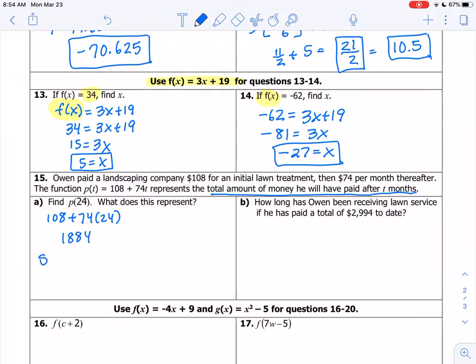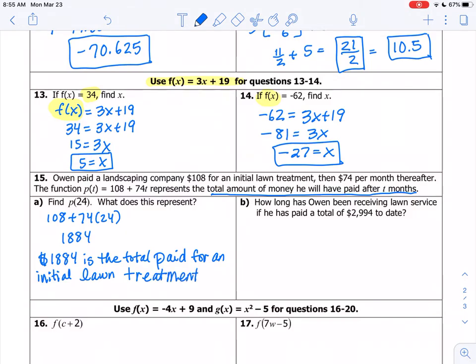So 1884 is the total paid for an initial lawn treatment plus 24 months of service.